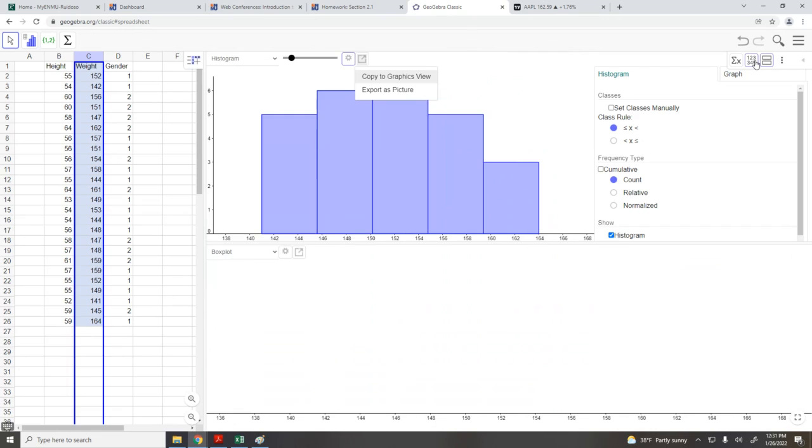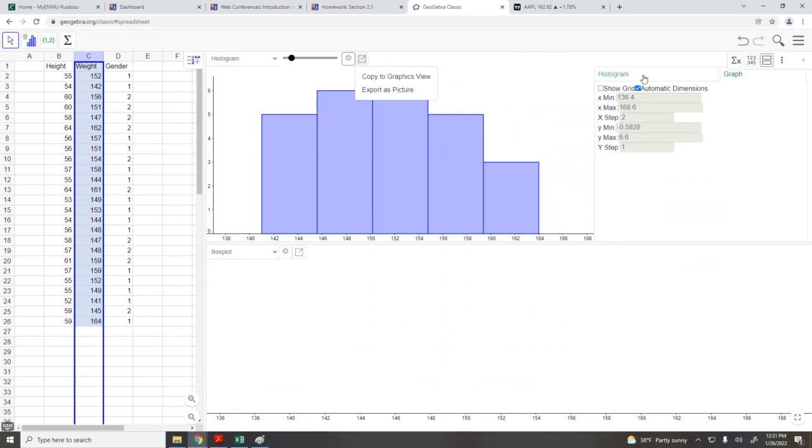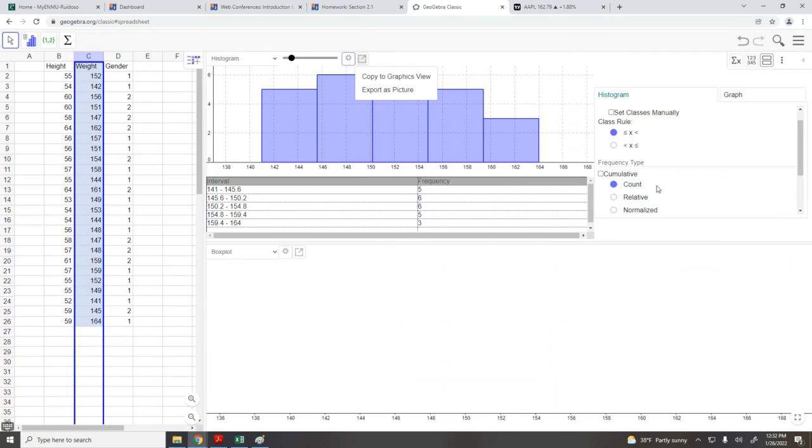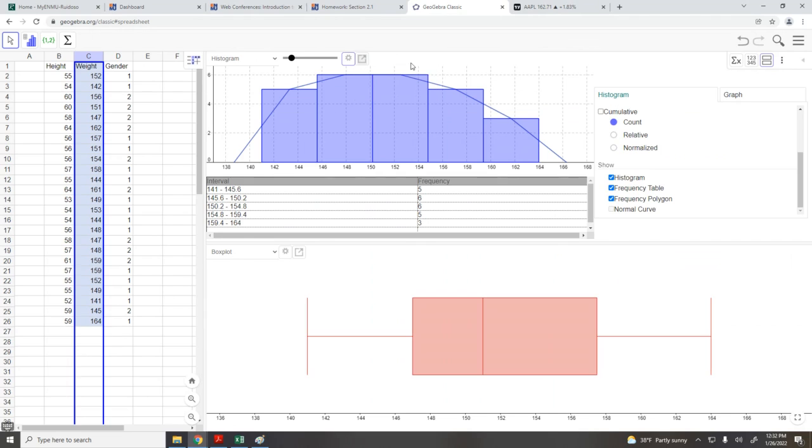Graph, so grid. And histogram class set manually, normalize, if the frequency table is also there. Okay, and frequency polygon. All right.